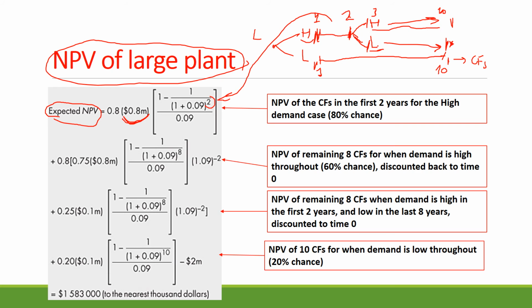We have 2 cash flows, year 1 and year 2, and therefore the present value of these 2 cash flows is given by this formula. So this is the present value, right, not net present value. So this is the present value of the cash flows in the first 2 years for the high demand case.